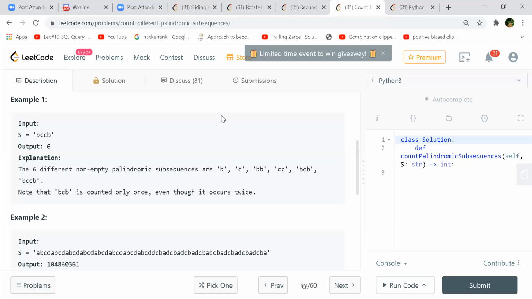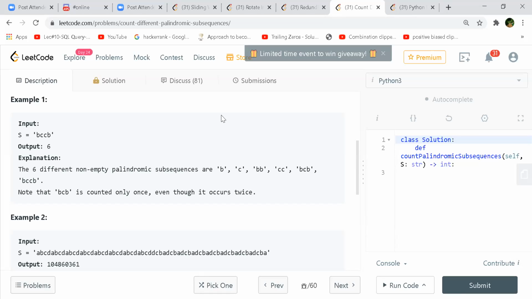So at the end, we still have to find a length 1 also, correct? So we can just take the whole of the string and put it in a set, and whatever the size, we can add to our answer. So that will be a palindrome of length 1. If you look at example 1, we can still find BBCC and BCB and also BCCB.